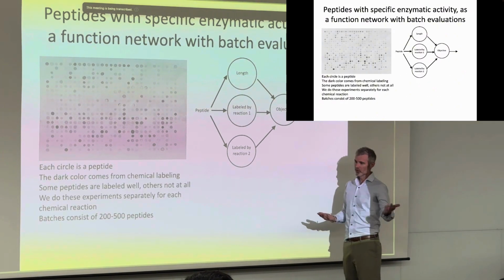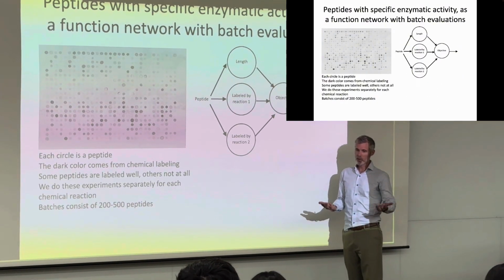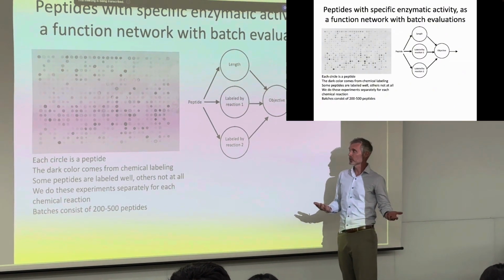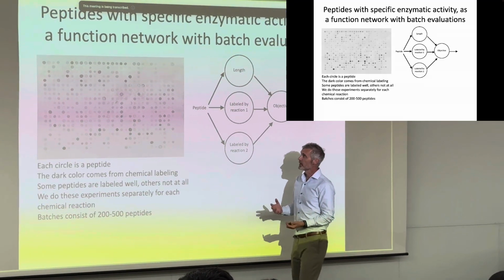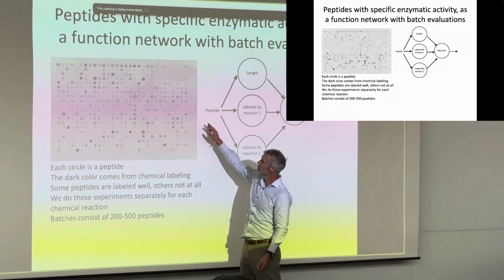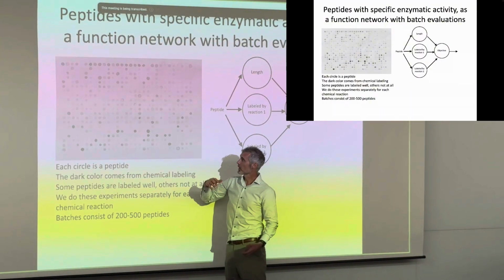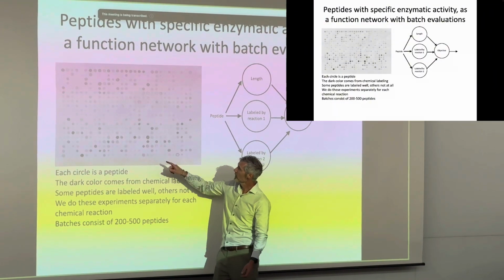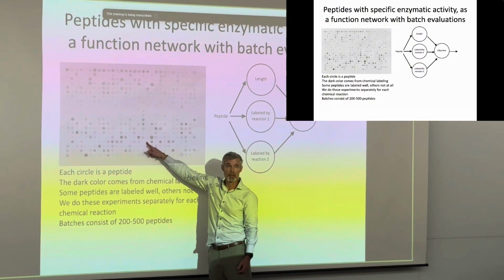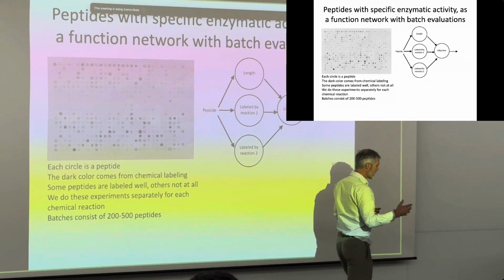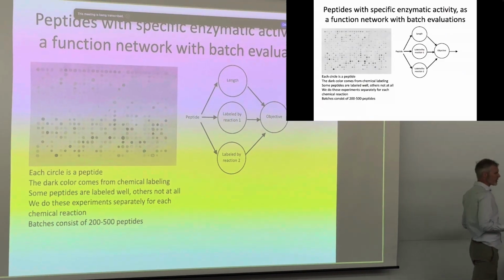They wash the enzyme over the paper in the presence of this fluorescent label. And then they take a photo, and this is what you see. You see some spots that are quite dark, so those had lots of fluorescent label attached. And then some spots you can't see anything.